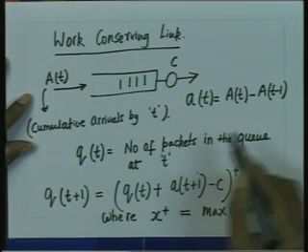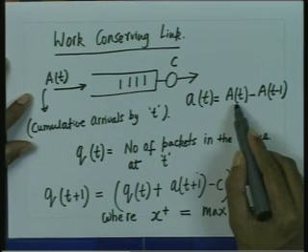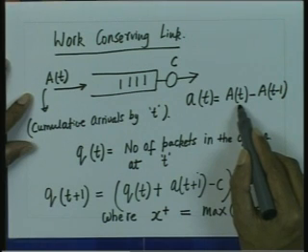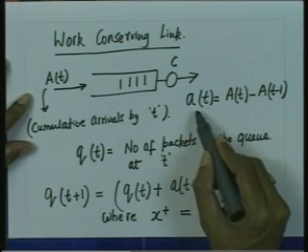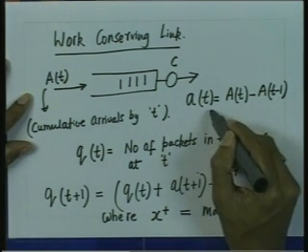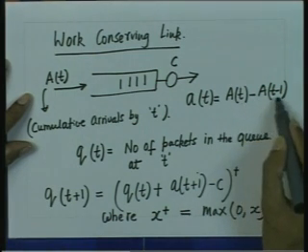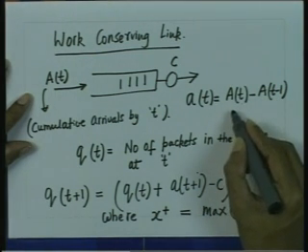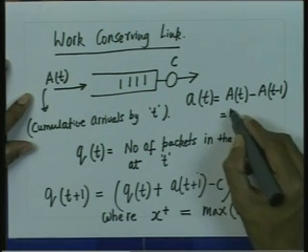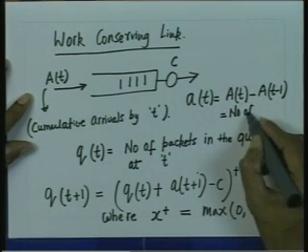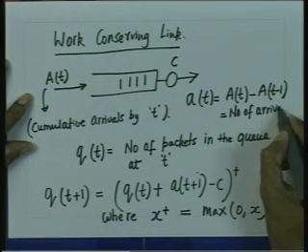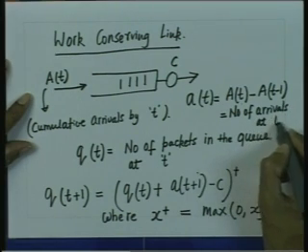So we are assuming a discrete time arrival process, and A(t) denotes the cumulative number of arrivals by the time t. So small a(t) is capital A(t) minus A(t-1), which is the number of arrivals at time t.